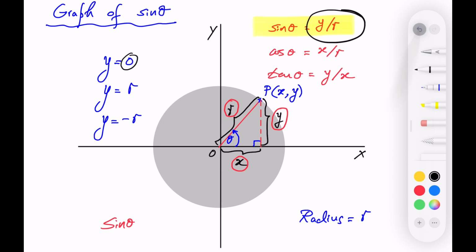Sine theta can take r divided by r, which is equal to 1. And sine theta can take negative r divided by r, which is equal to negative 1. Therefore, quite practically, we can see that sine theta is going to be bounded between negative 1 and positive 1.